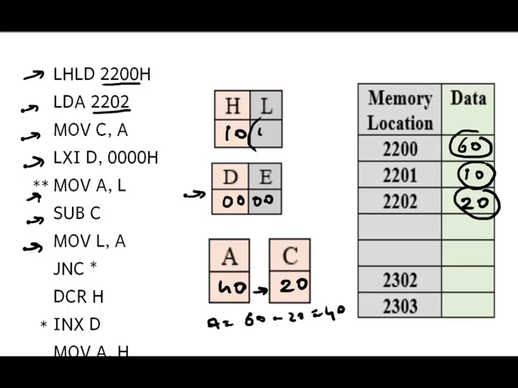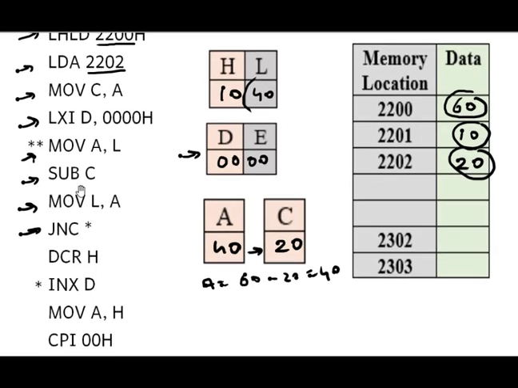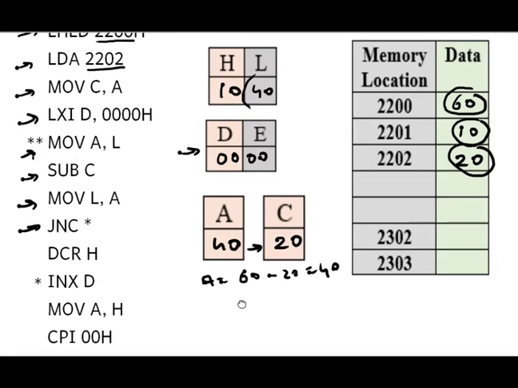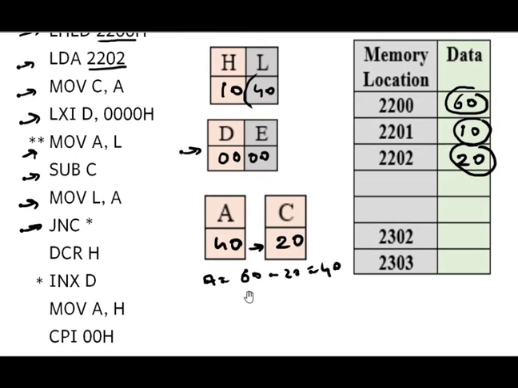Now here there is the instruction JNC, jump if no carry. Because in this division there was no borrow, and we know that the carry flag also acts as a borrow flag, it will directly jump to the next instruction, skipping this part, and jump to INX D. As I told you, DE stores the quotient, how many times we are subtracting.